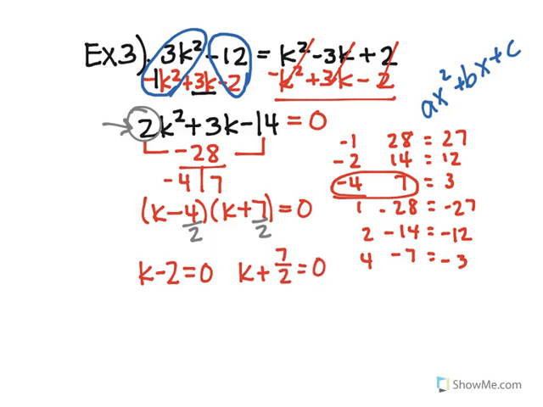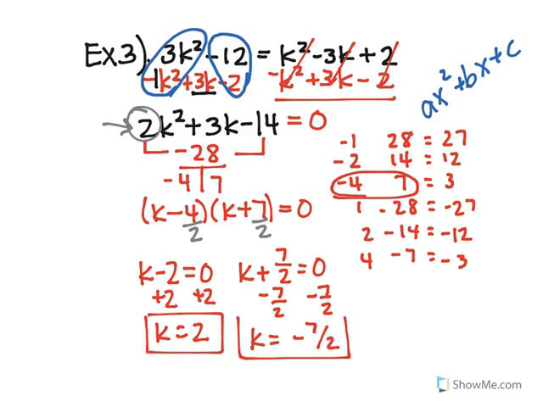And now I'm going to solve these. Add 2 to both sides, so down here k equals 2. And then here I'm just going to subtract 7 over 2. It doesn't matter that it's a fraction, the whole thing is going to move. So my answers are 2 and negative 7 over 2.